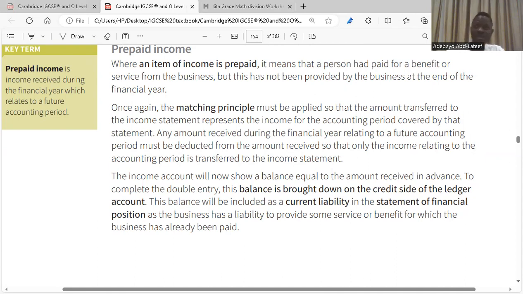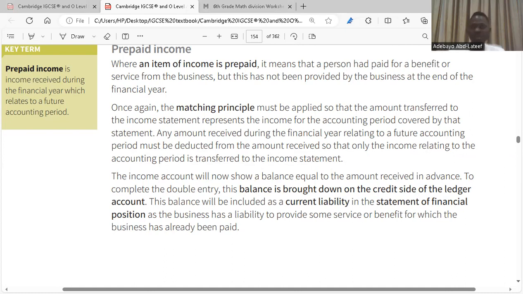So this is an amount you have received for a service that you have not rendered during the accounting year. So how do you prepare it when you are preparing your income statement? When you are preparing your income statement, from the total amount you have received, you deduct the worth of the job you've done.